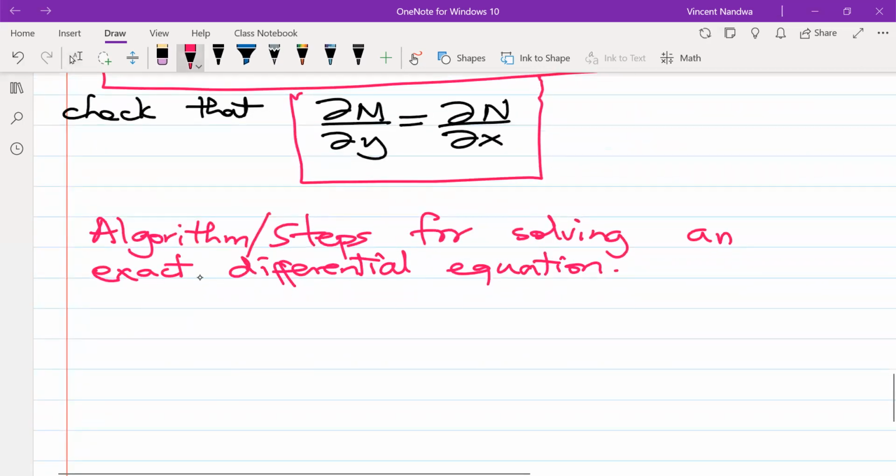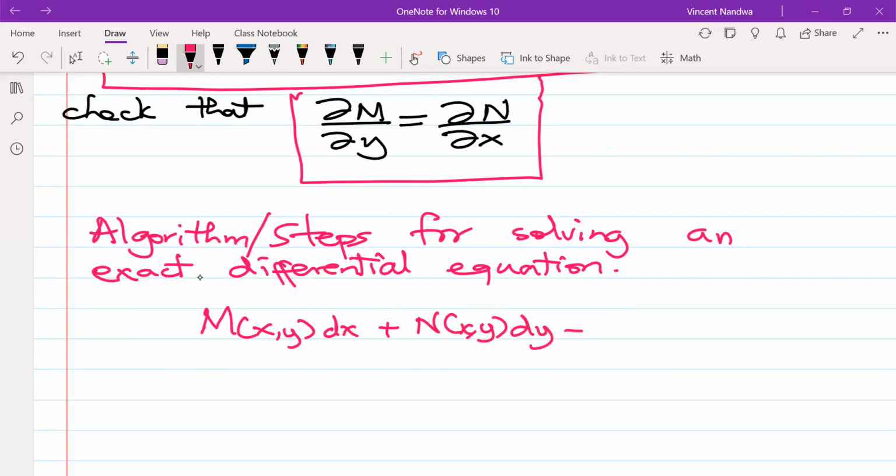So remember, an exact differential equation is an equation of this form, whereby the value of M is the same as partial f partial x, and the value of N is partial f partial y for an arbitrary function f. And so that arbitrary function f is what we are interested in finding.